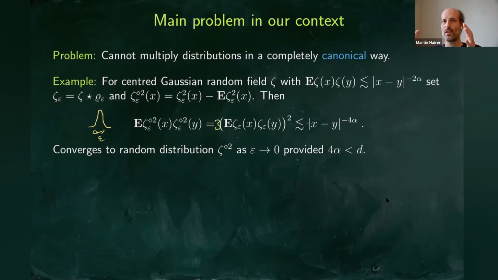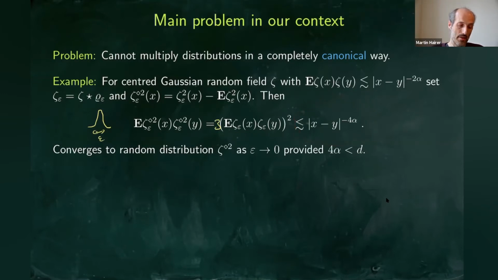So the point is that it's proportional to just the variance of zeta epsilon itself squared. And now, if the zeta has a variance that behaves like x minus y to the minus 2 alpha, that means that that guy behaves like x minus y to the minus 4 alpha. Modified with the epsilon, but now I can send epsilon to 0, and it's going to converge to something like this.